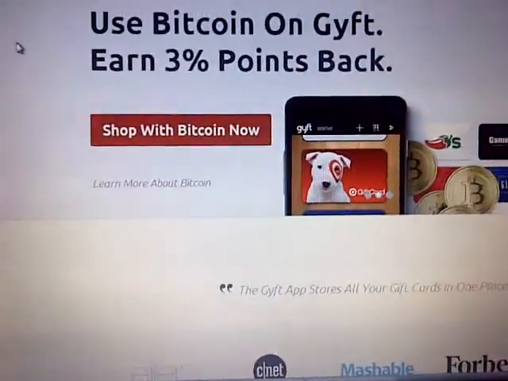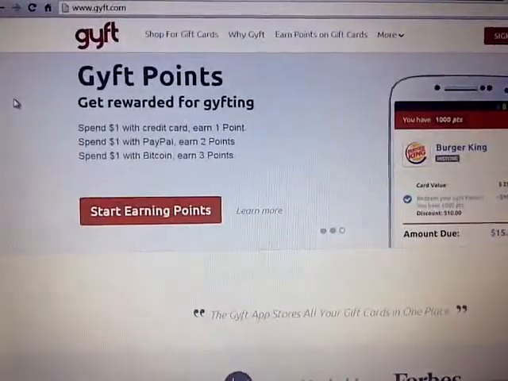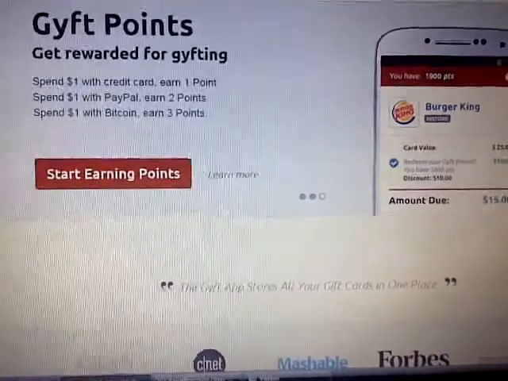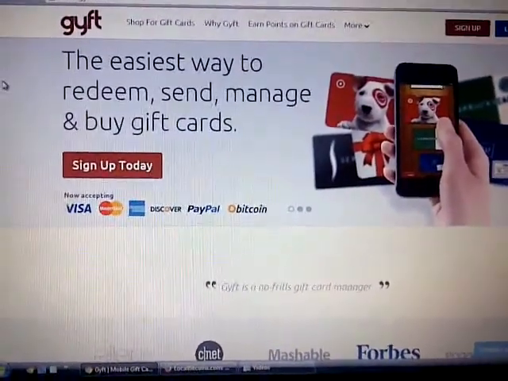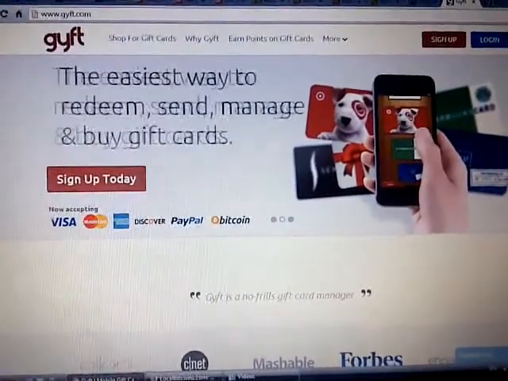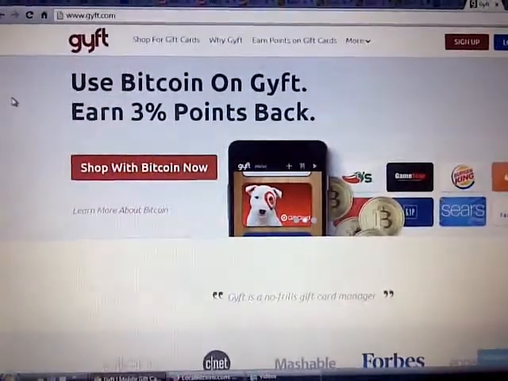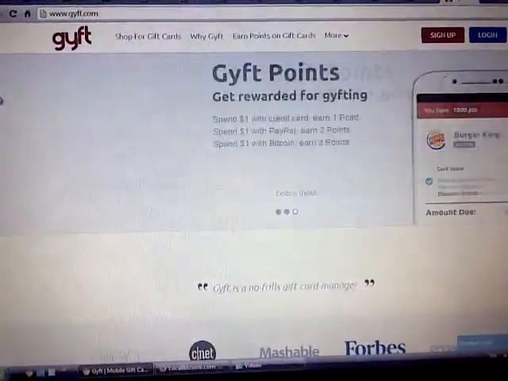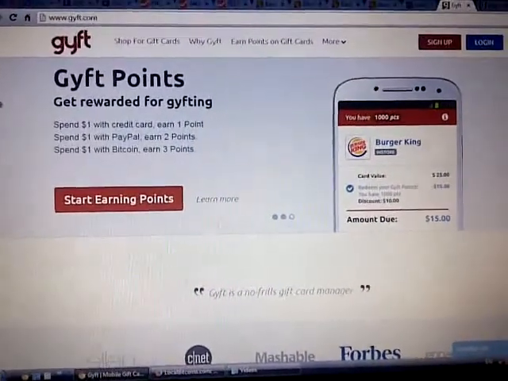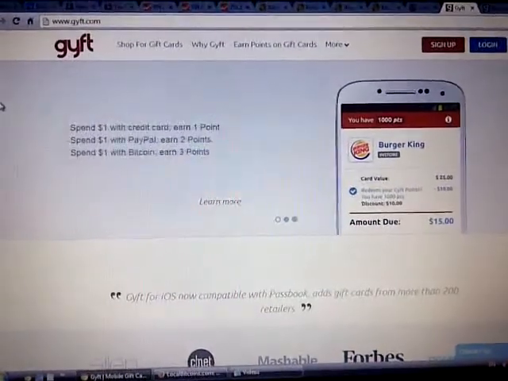But my point is, as more and more people start to realize that Bitcoin users have only a certain avenue to spend their money, well, that's the avenue they're going to go to. They're going to spend their Bitcoins where people will accept Bitcoins.